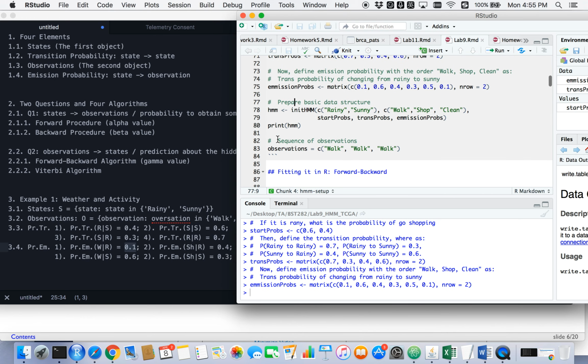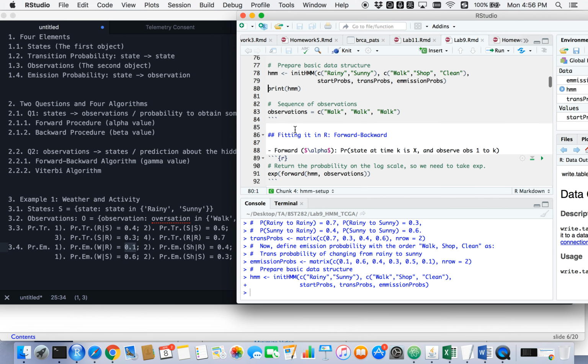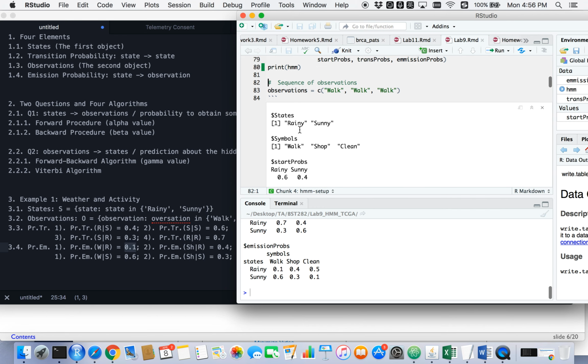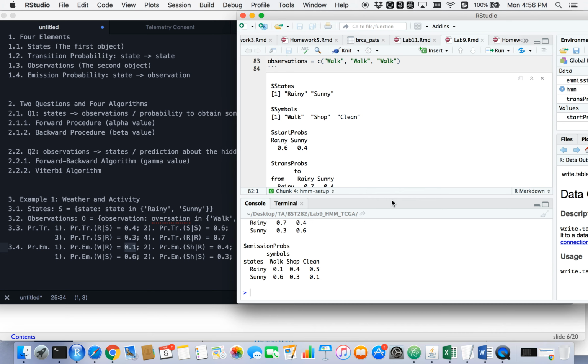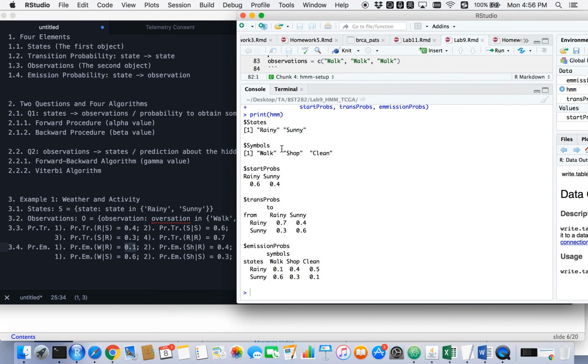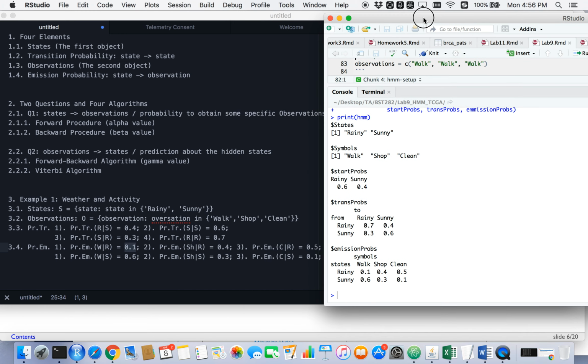And then we can prepare the basic data structure for the hidden Markov model. So now we could show the basic structure of the hidden Markov model. Basically the states we have are raining and sunny, and the symbols, which are the observations, are walking, shopping, and cleaning.